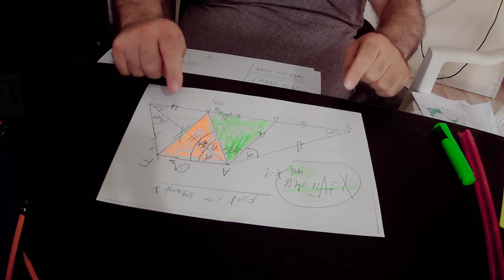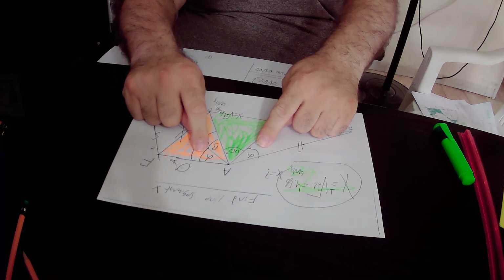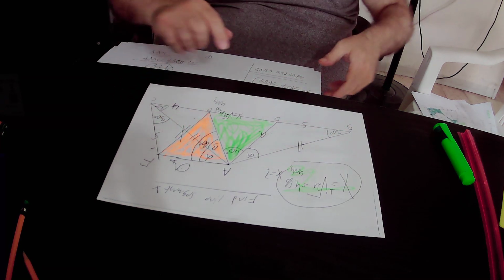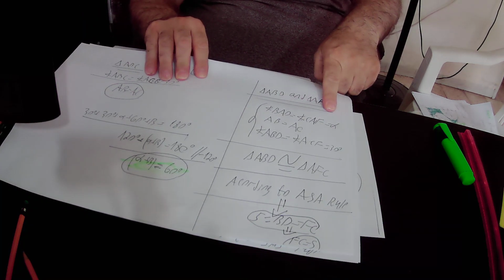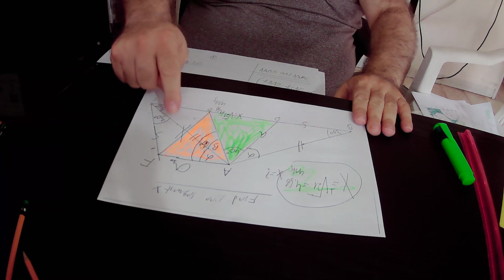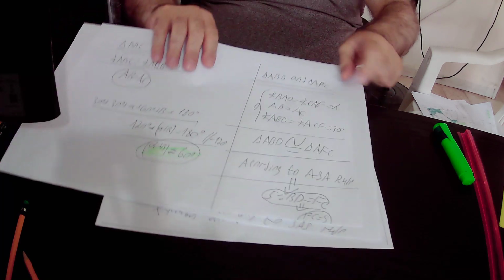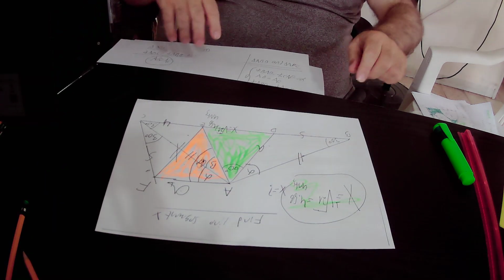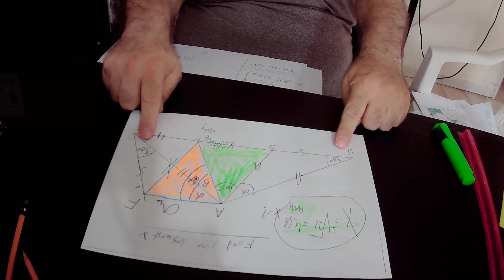Angle BAD equals angle CAF, they are both equal to alpha, therefore they are equal to each other. In addition, we know that side AB equals side AC. And finally, those two angles are both equal to 30 degrees, therefore they are equal to each other.